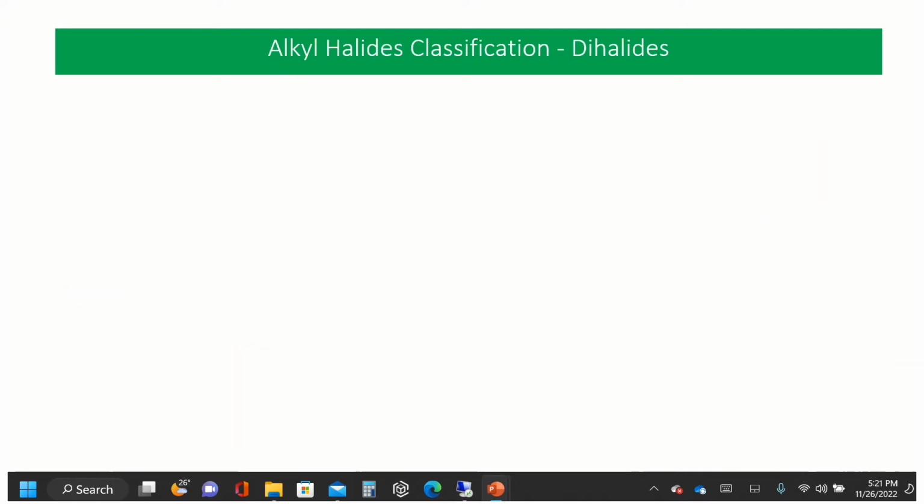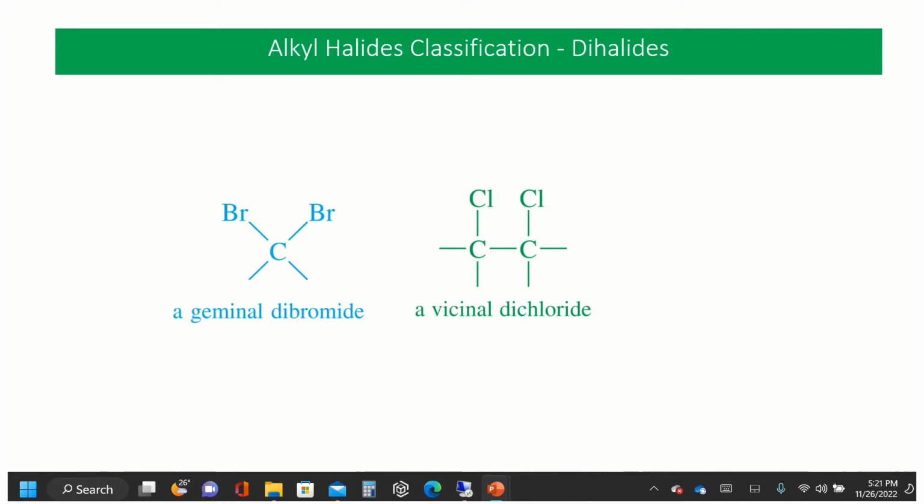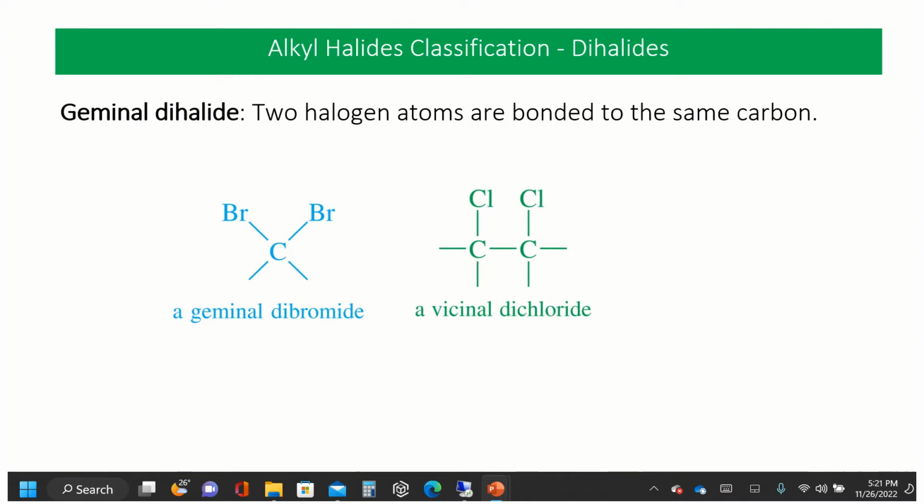We also have this classification where if there are 2 halogens on one carbon, then that's a geminal carbon. It's a geminal dibromide. If they're on carbons adjacent to each other, then we say that they're vicinal. And so we have here a vicinal dichloride.